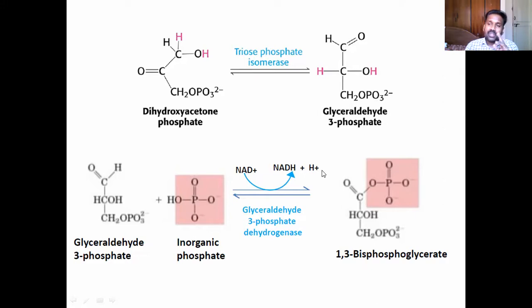Now, till now we have seen two classes of enzymes. In fact, three. One are the kinases, which transfer phosphate groups between substrates. The other are the isomerases, which simply isomerize different kinds of sugars. And the third is the dehydrogenases. What are these dehydrogenases? They are the enzymes which conduct redox reactions in cells.